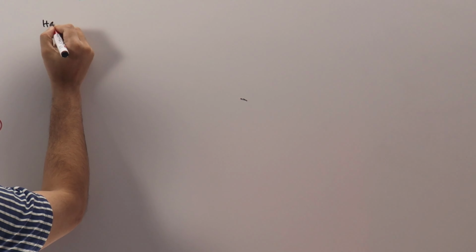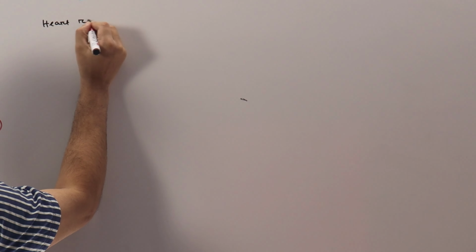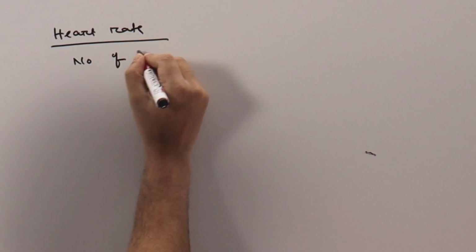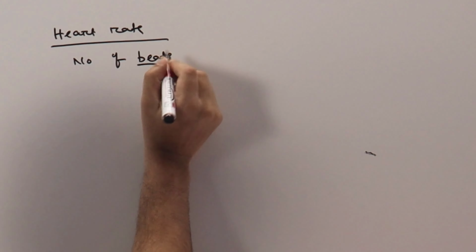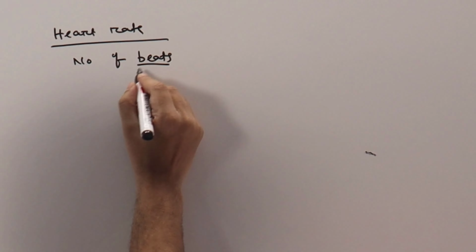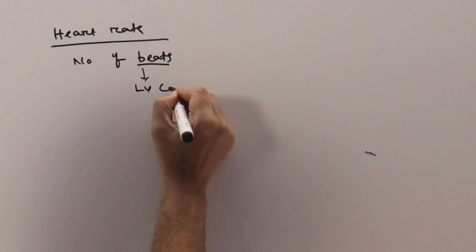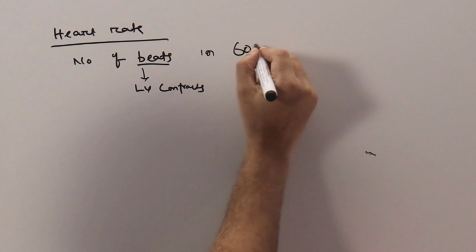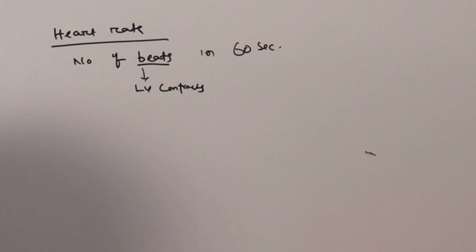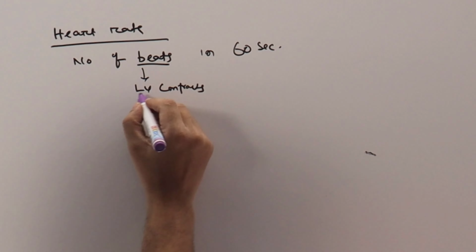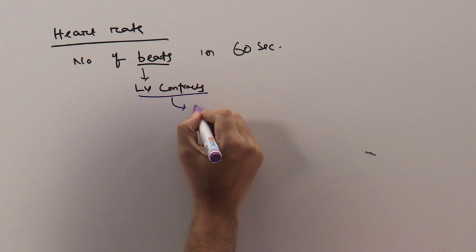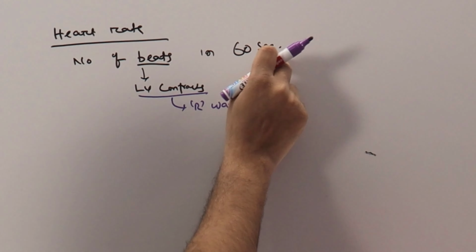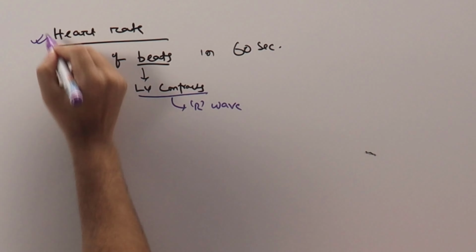Heart rate can be defined as the number of beats, that is, the number of times the LV contracts in 1 minute or 60 seconds. From our previous discussion, we remember that when the LV contracts, we have an R wave. So if you can calculate the R waves in 60 seconds, that will be our heart rate.